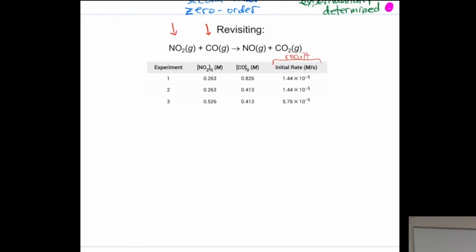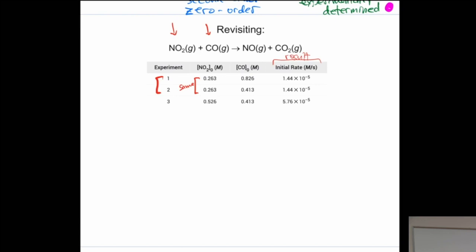So we want to see how we change concentrations. So we want to look for a case where, for example, the NO2 concentration is held constant and we change the CO. And we have that. If we just look at experiments 1 and 2, we see that this is the same. So NO2 concentration is held constant.